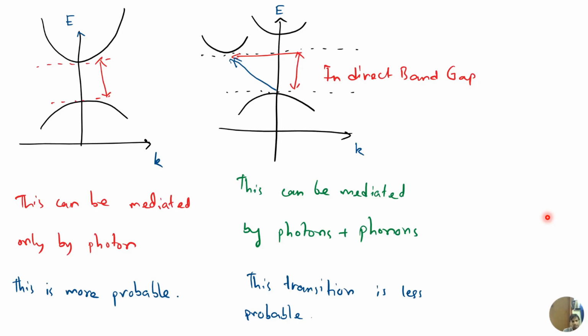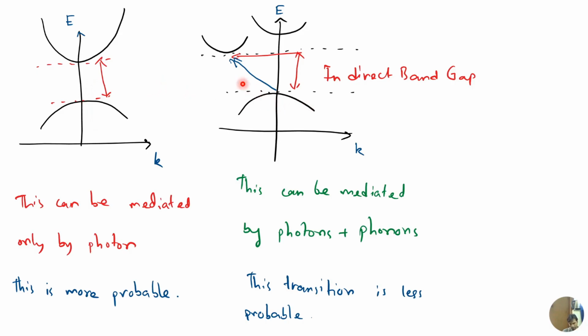Now based upon the band gap, we talked about how the band structure looks in an E-k diagram. If we have a band structure where the minimum of the upper band and the maximum of the lower band are at the same k vector, then it is called a direct band gap.